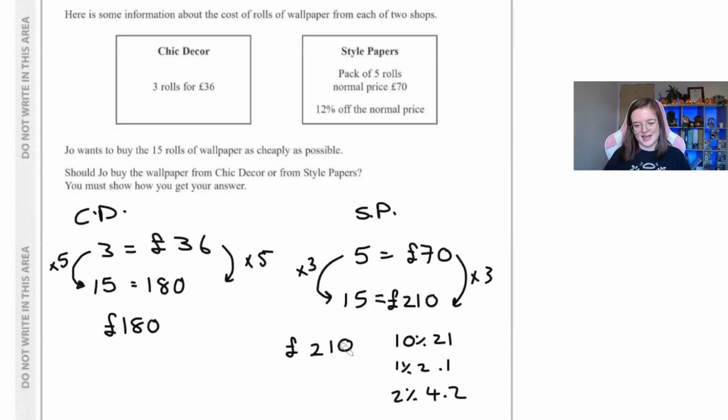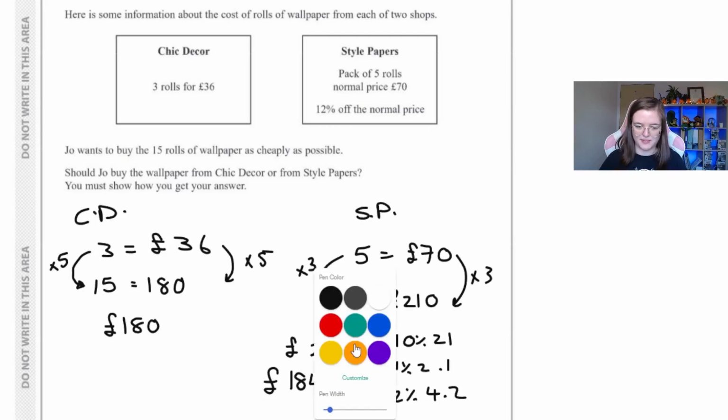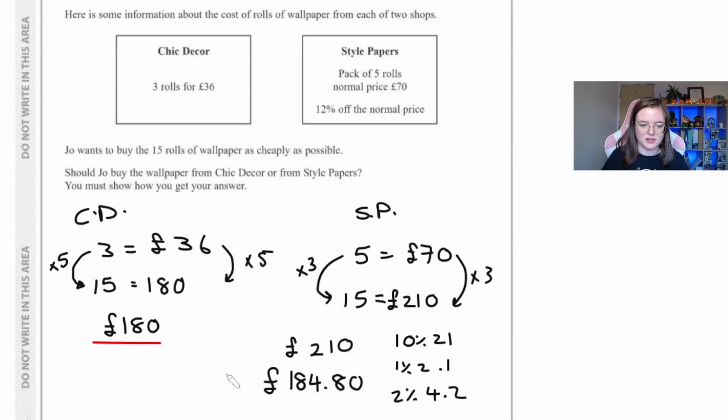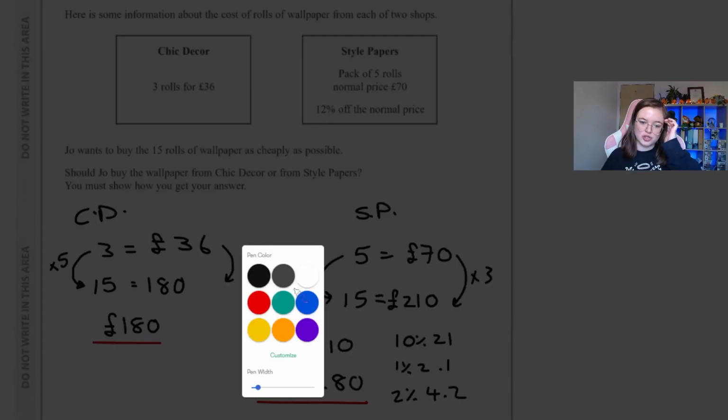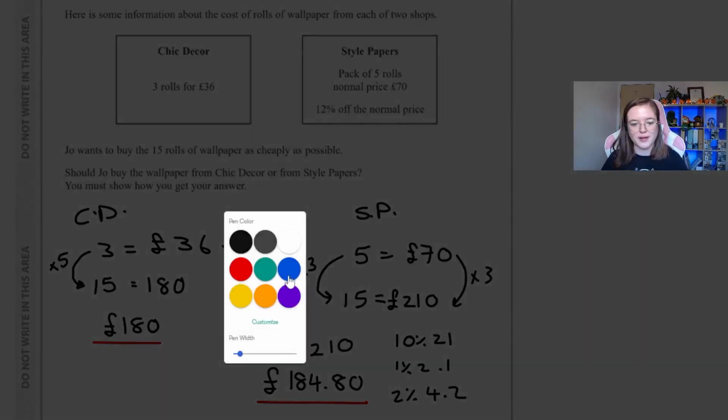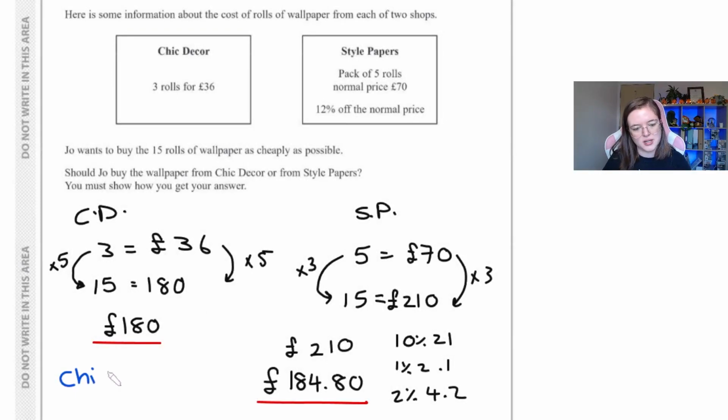That's the method I've gone for. The 210 take away 25.2, which is 10% plus 2% to get 12%, so that is £184.80. These are my 2 answers, £180 and £184.80, which means that Joe should buy his wallpaper from Chic Decor.